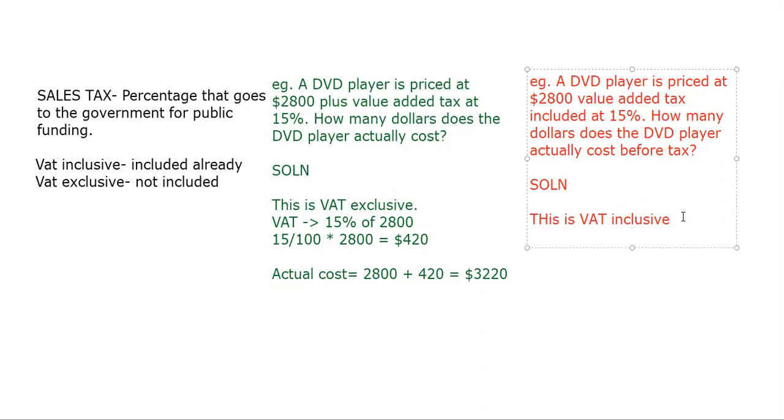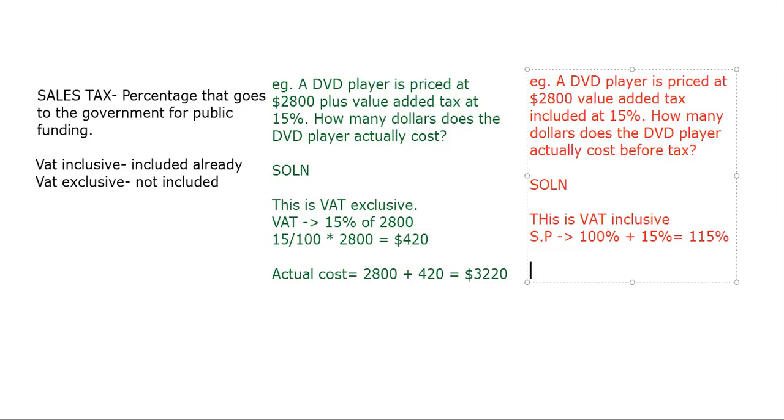So now we need to say, well, their selling price is actually 100%, which is how much it would usually cost them, plus the VAT, which is plus the 15%. So now their price is actually 115% because the value added tax is already in there.